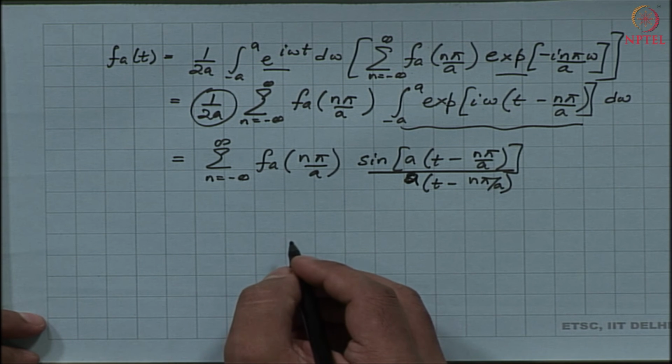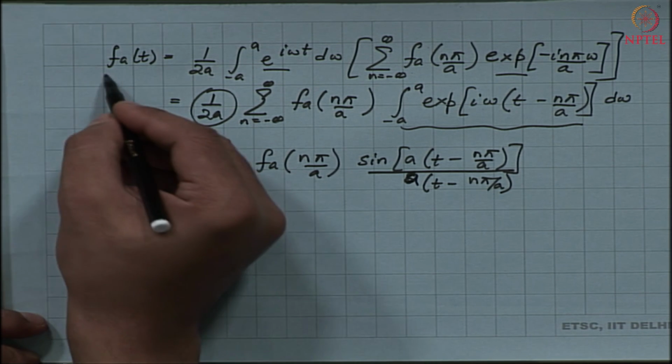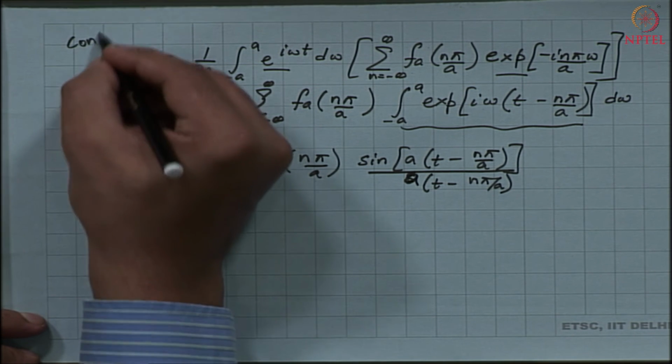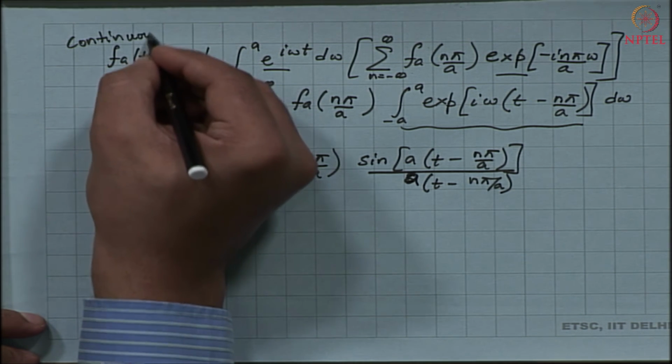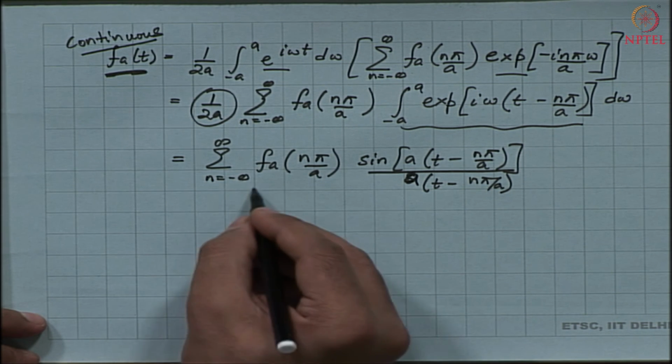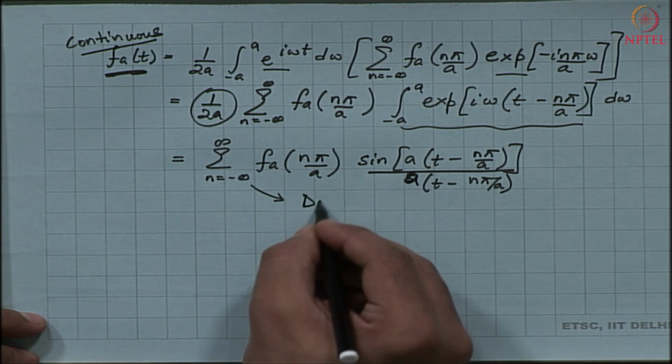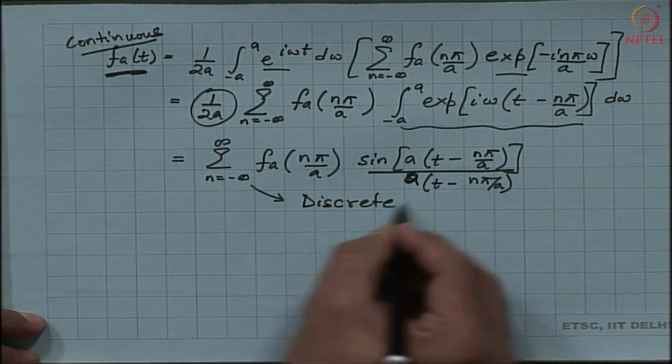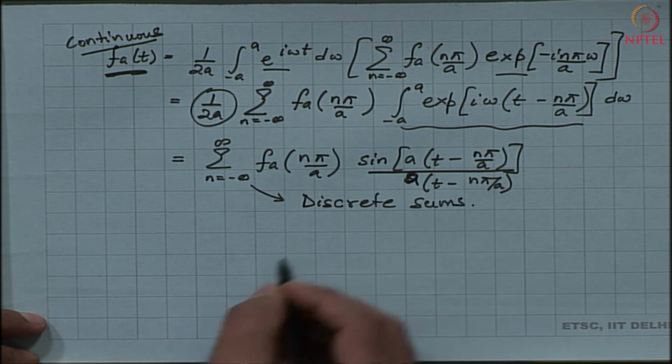Okay. So, what I am getting is that f_a is a continuous function, a continuous signal, and these are discrete sums, right.